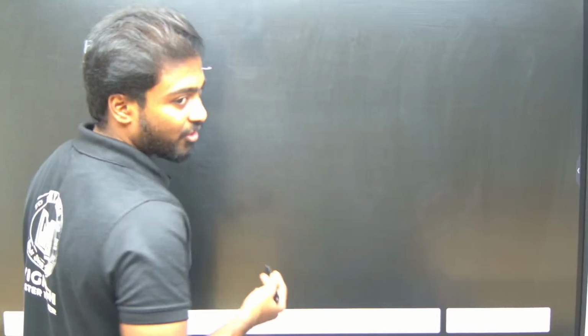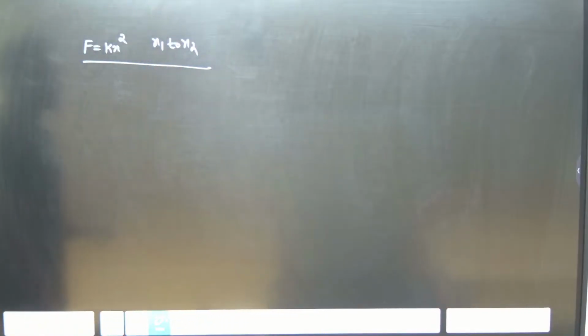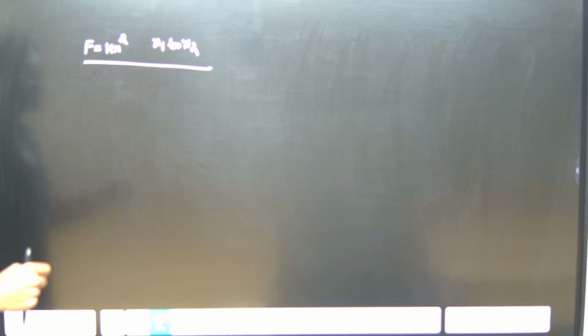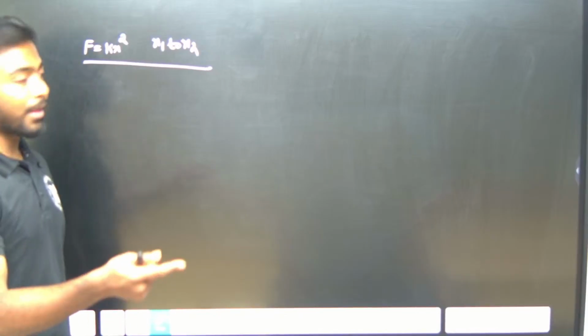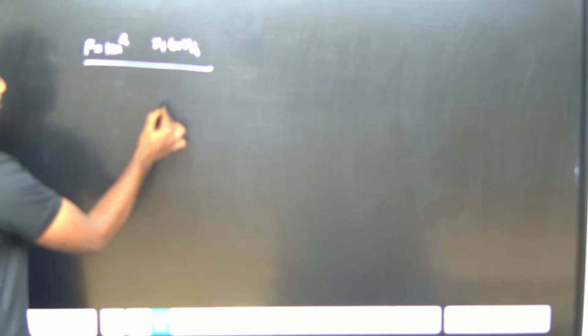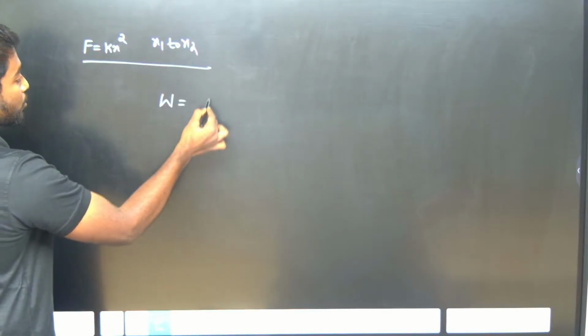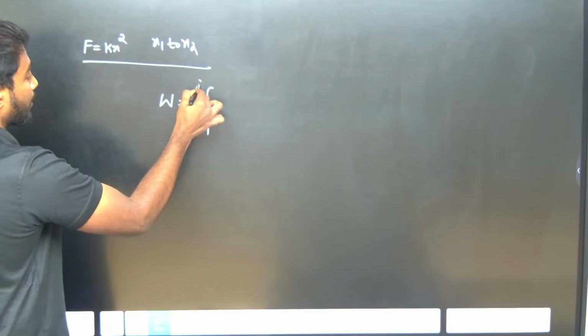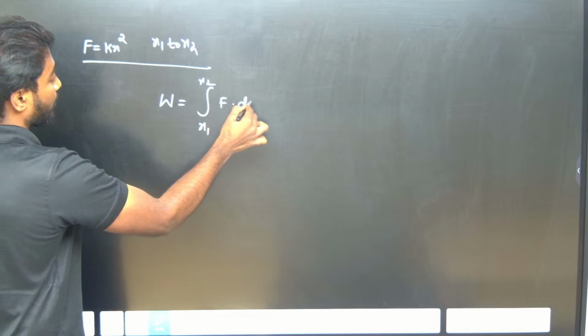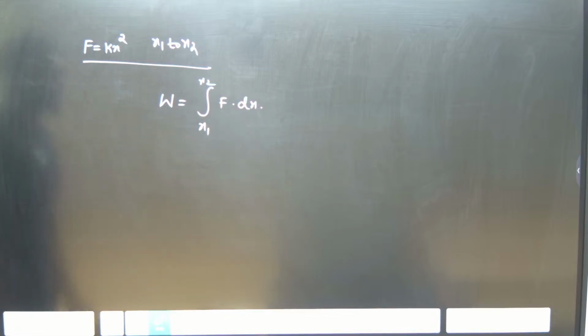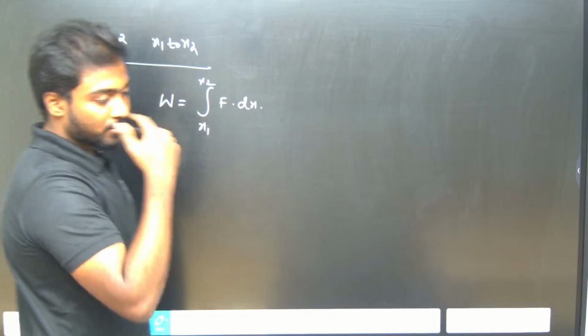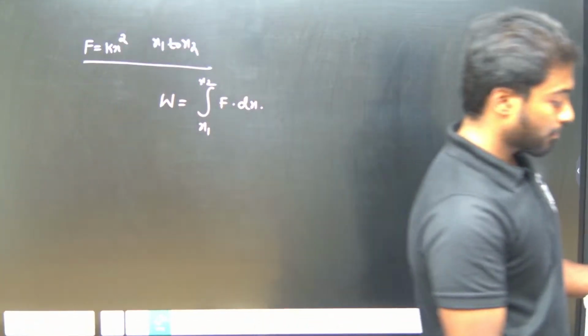Force has been given like F is equal to kx square and displacing a particle from x1 to x2. So I can say that work done will be equal to integral x1 to x2 of F dot dx. So this is how we will do the questions.